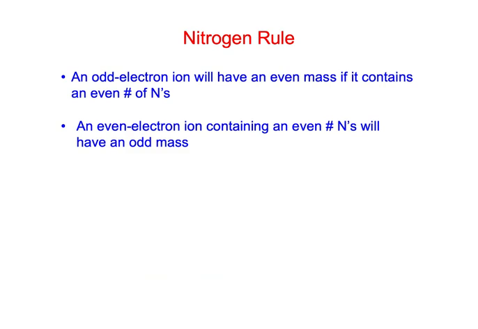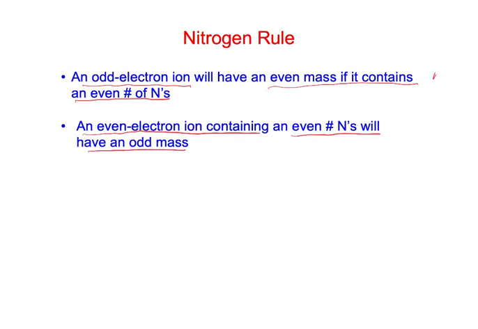And what it says is that an odd electron ion will have an even mass if it contains an even number of nitrogens, including 0. If it had 2 nitrogens, it would have an even mass as well. An even electron ion containing an even number of nitrogens will have an odd mass.